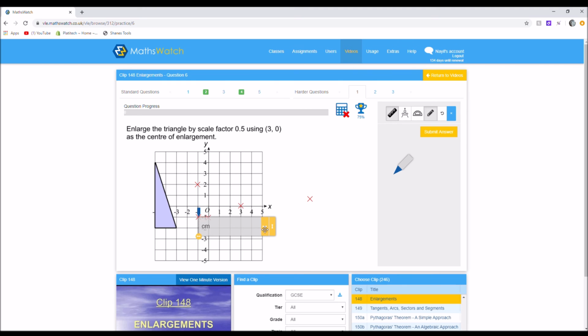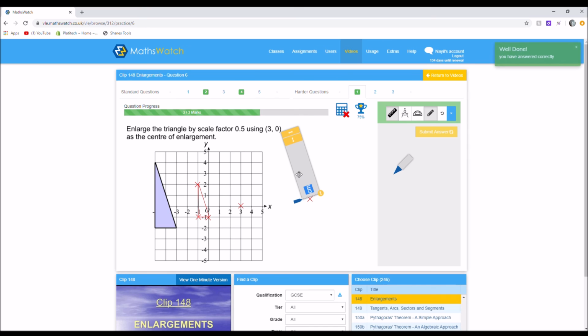So we've got the base here, got the height here, and then we just want to draw the diagonal. Let's just double check. That's great.